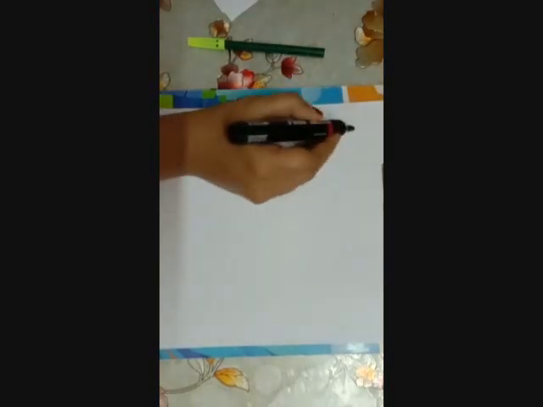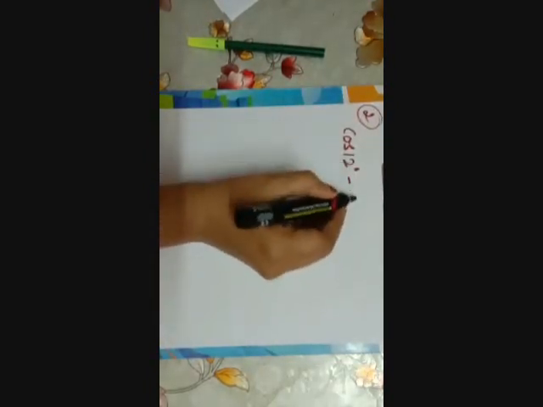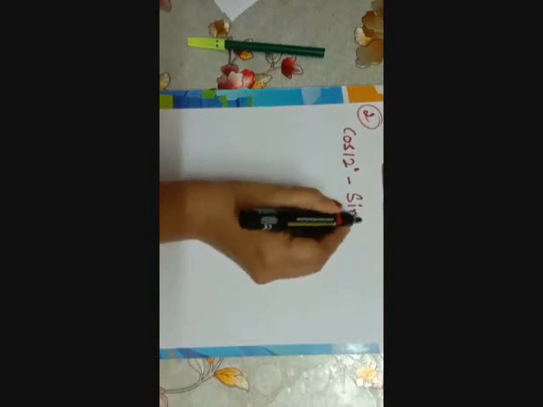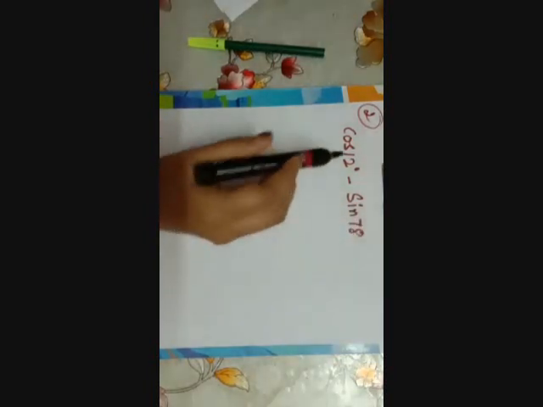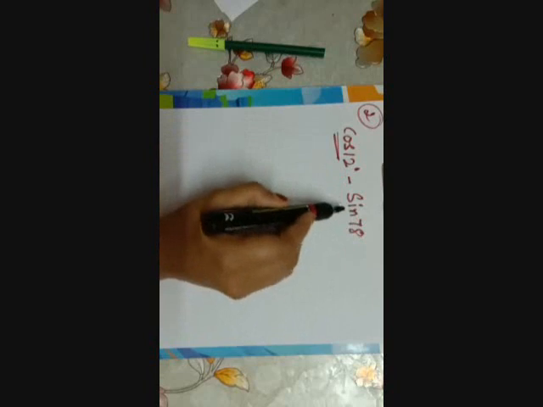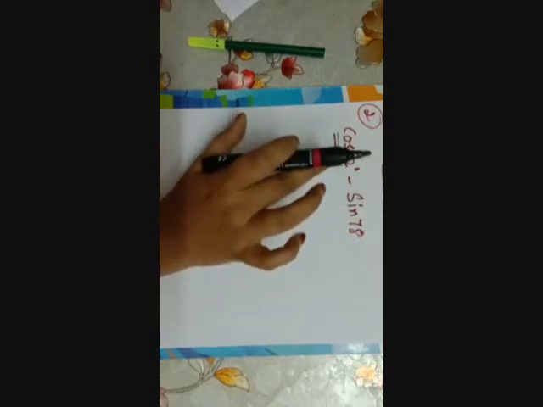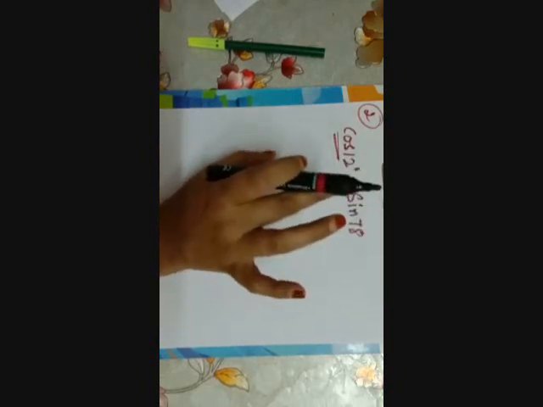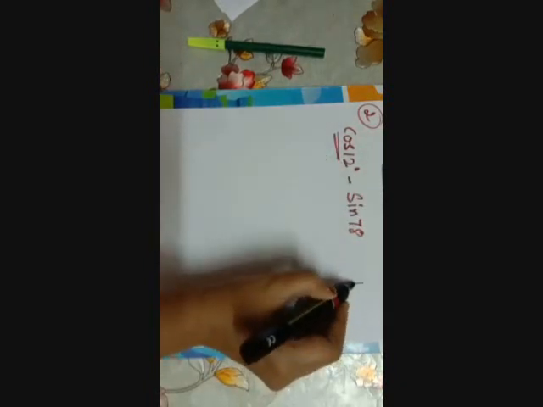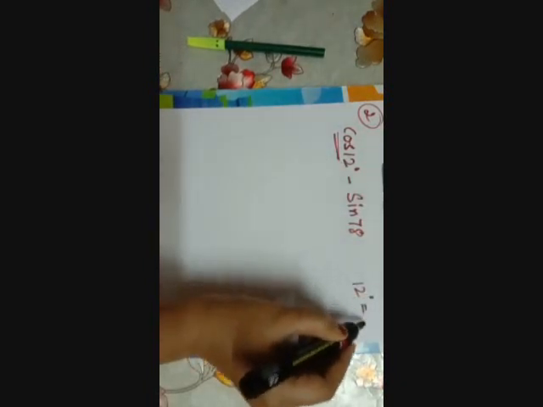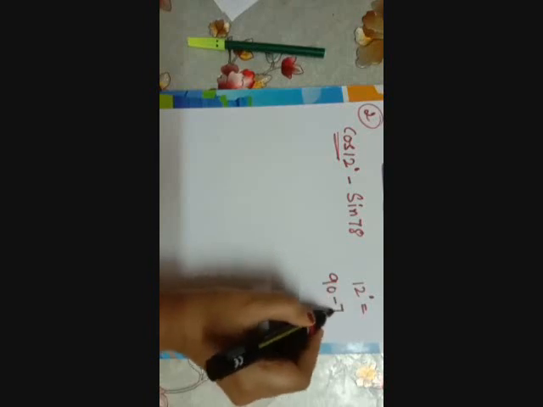Second problem: cos 12 degrees minus sin 78. Only the cos value I'll be changing. Sin 78 I'll be keeping as it is. 12 can be written as 90 minus 78.